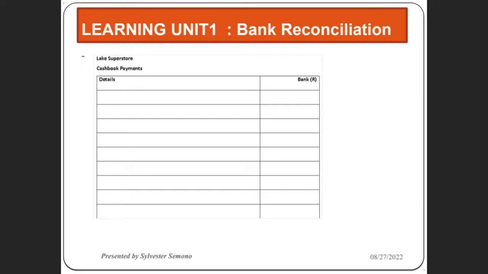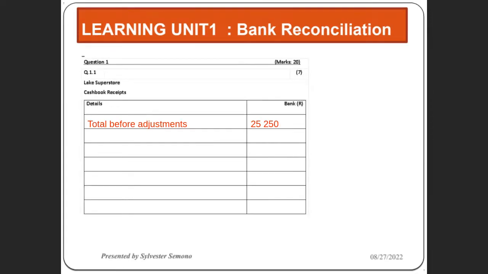Total before adjustments. That's the first thing we do, and then this basics. 36,633. Are you okay so far? Yes, sir.